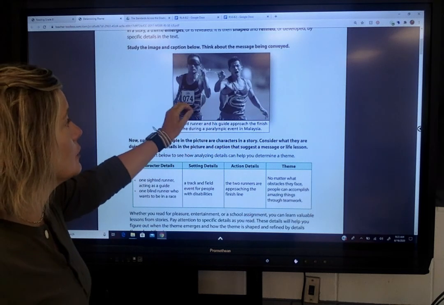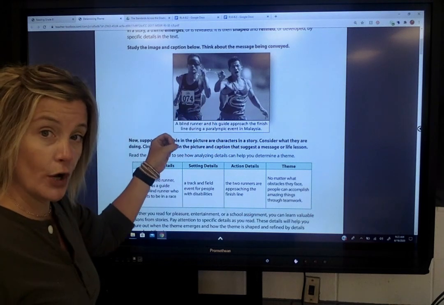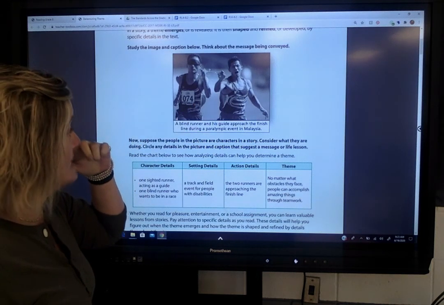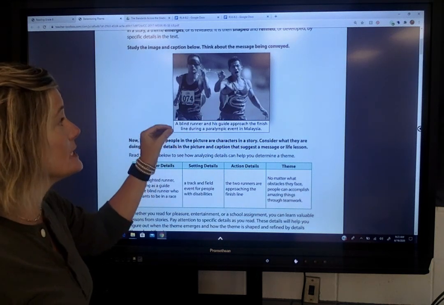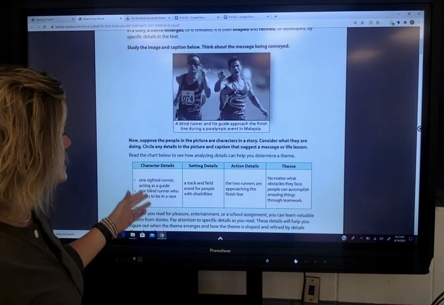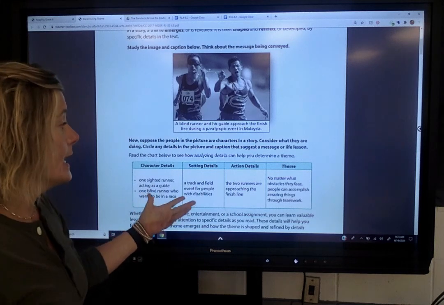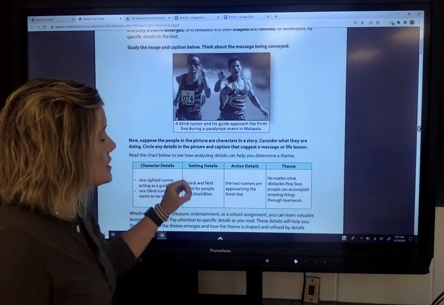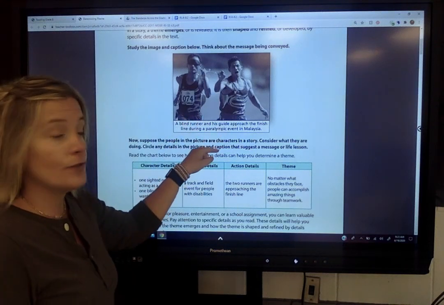You've got one man who is blind who wants to run this race, and then you've got another man who is leading him to help run this race. So you've got a sight runner and a blind runner. And obviously the setting details, they're on a track. The action, they're approaching the finish line.